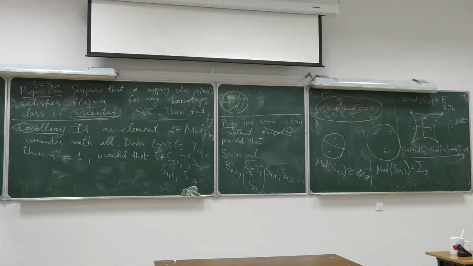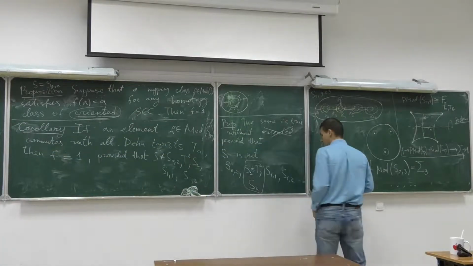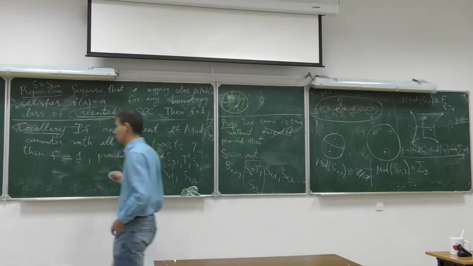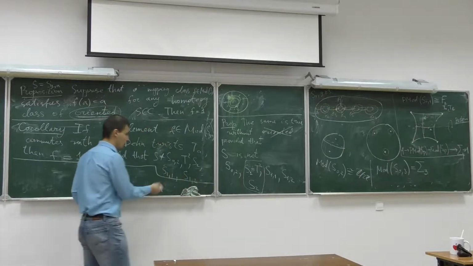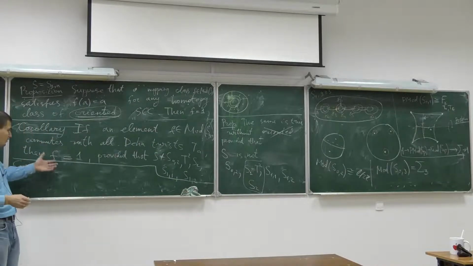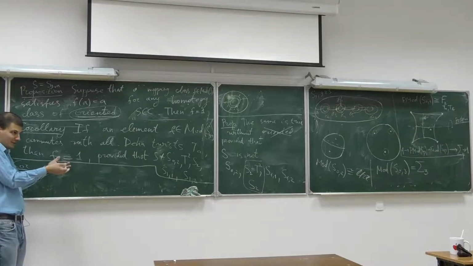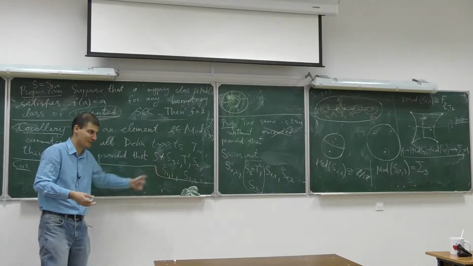Hence, with the same corollary, of course if F commutes with all elements of the mapping class group, then it commutes with all Dehn twists and we get the same.